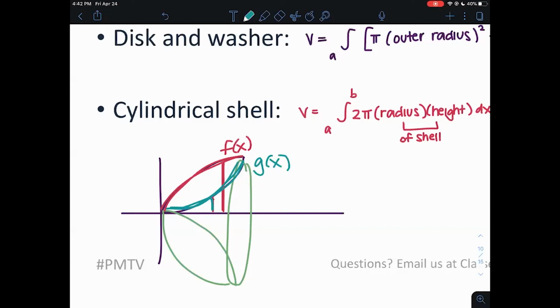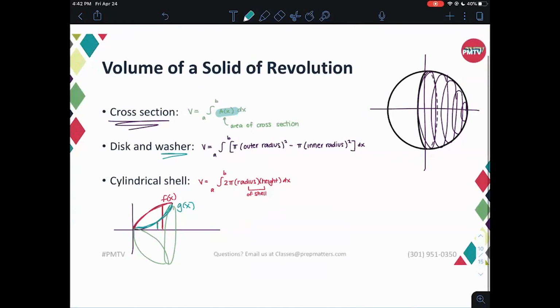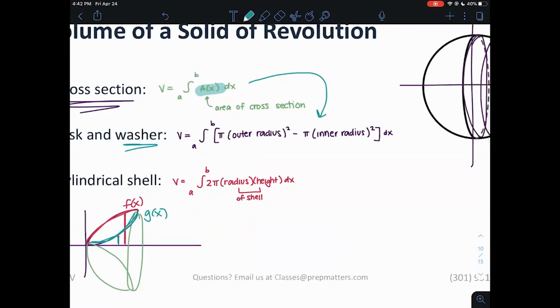So if we are trying to find the area of this cross section using all of these circles, we would end up with this donut idea, which in calculus we call a washer. So as a natural progression from this down to a more specific formula for this setting, we can find the volume by doing pi r squared minus pi r squared with those two different radius values.